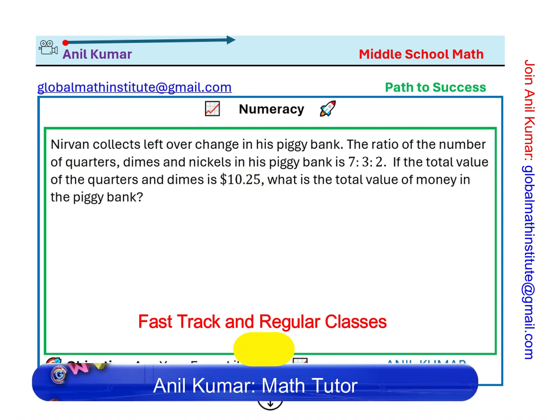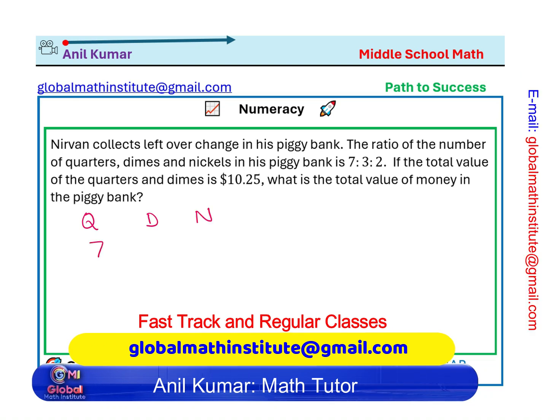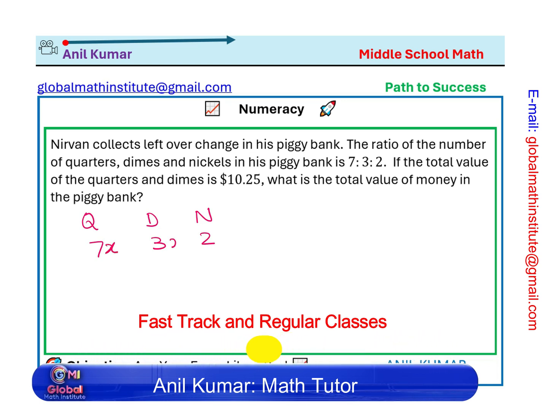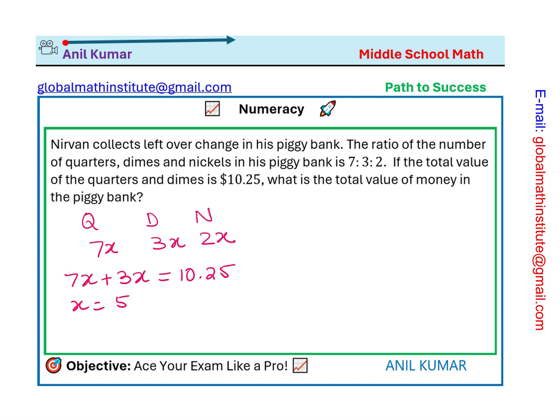So what we found here is that the ratio of quarters, dimes, and nickels was given to us as 7:3:2. We assumed that it could be an x factor, and by solving 7x times 0.25 plus 3x times 0.10 equals 10.25, we found that x is 5. So for x value of 5, we need to add the value of nickels.